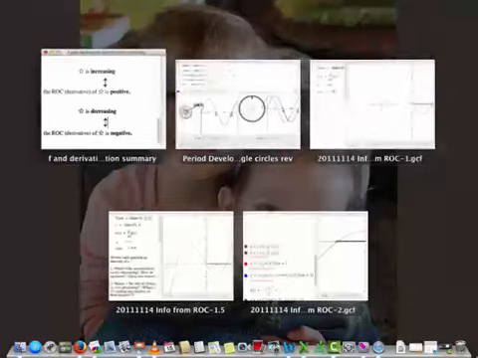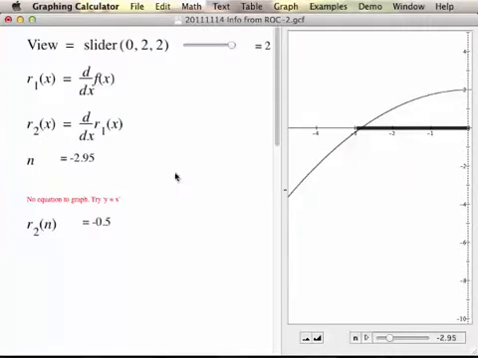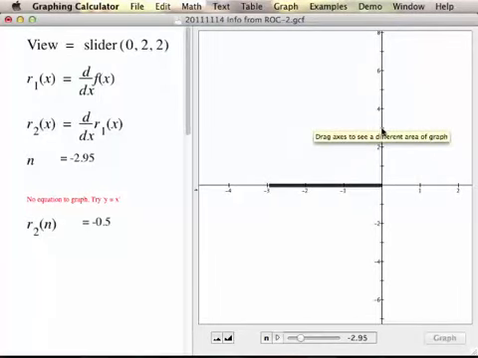So let's look at, now I'm going to show you, I've got some function f. R1 is the rate of change of f, the derivative of f. R2 is the rate of change of R1.